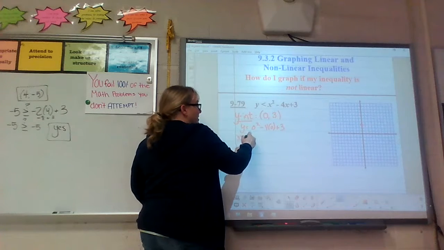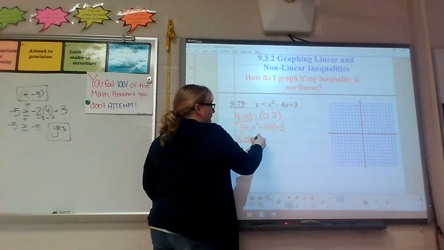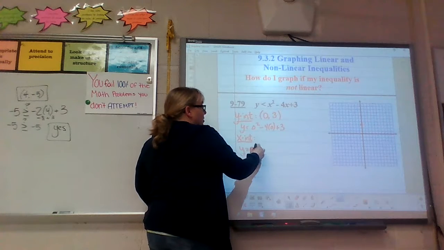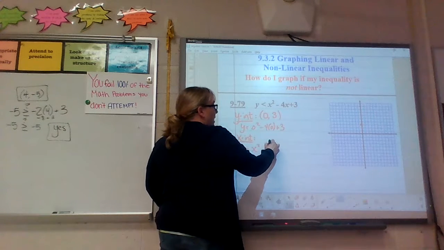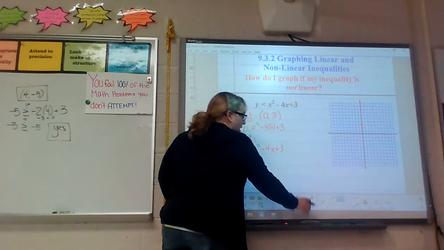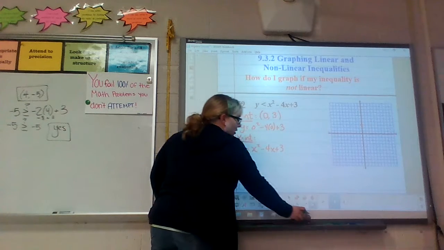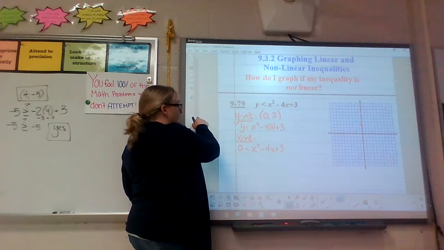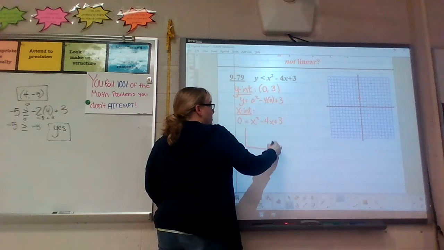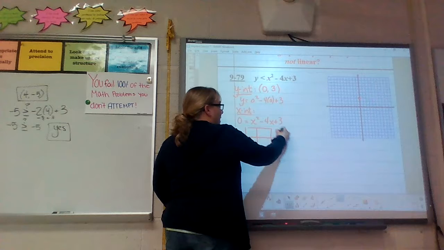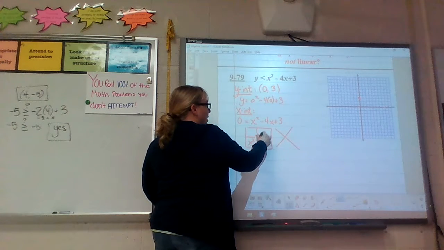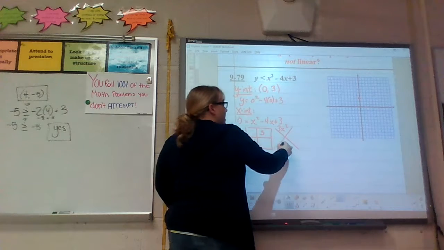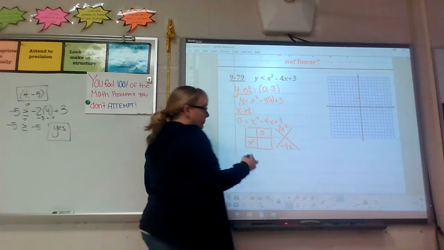Next, I'm going to find my x-intercepts, and again, I'm going to pretend like this is an equation, and I'm going to be solving y equals x squared minus 4x plus 3, except instead of y, since I'm looking for an x-intercept, it's going to be 0. I can factor this, so I'm going to do my area model and my diamond, and I'm going to get x squared and 3. 3x squared goes in the top of my diamond, negative 4x goes in the bottom.